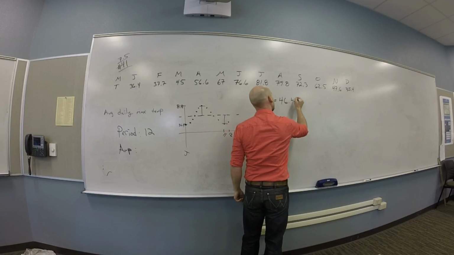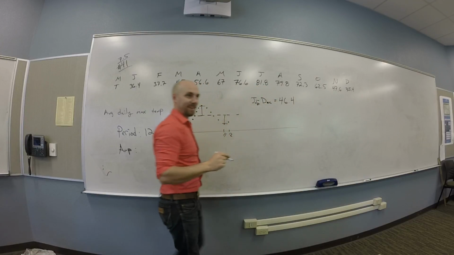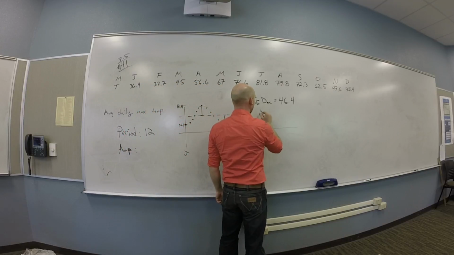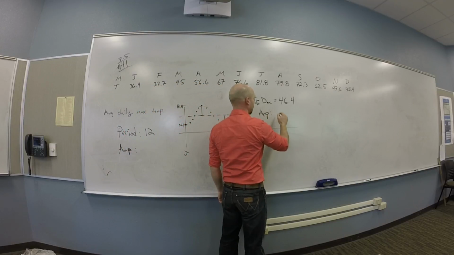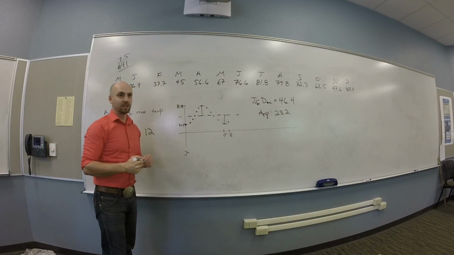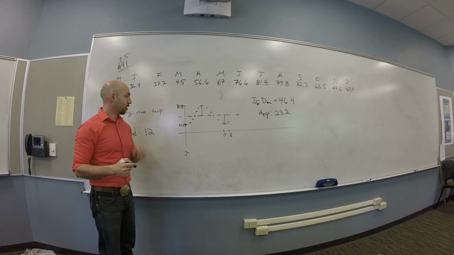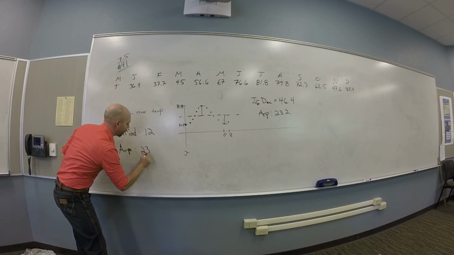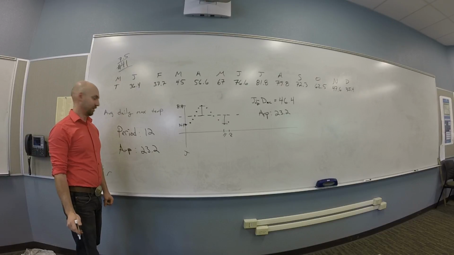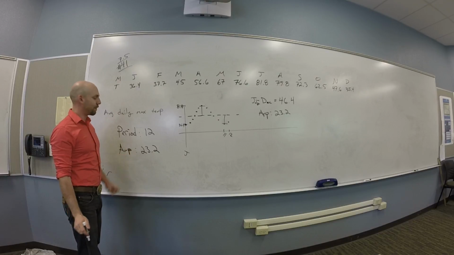Jeez, guys, I trusted you. 46.4. 23.2. Okay, so then the amplitude is 23.2. You guys see that? Yeah, then you divide that. So my amplitude's 23.2 degrees Fahrenheit. Yeah, nice. That's my period, my amplitude.